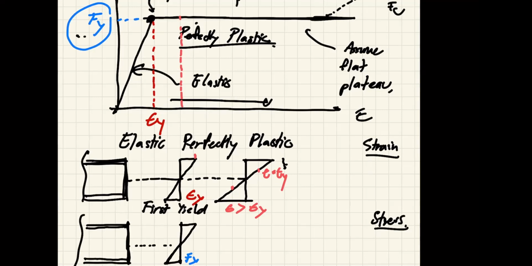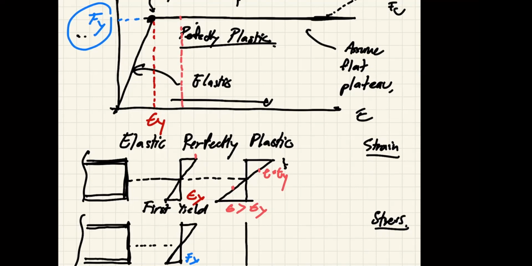So the strain will look like this, about that line. This is the location where we have the strain equal to yield strain, so this is where you have your stress equal to Fy as well. But above this, you cannot go beyond Fy, so it has to remain Fy.